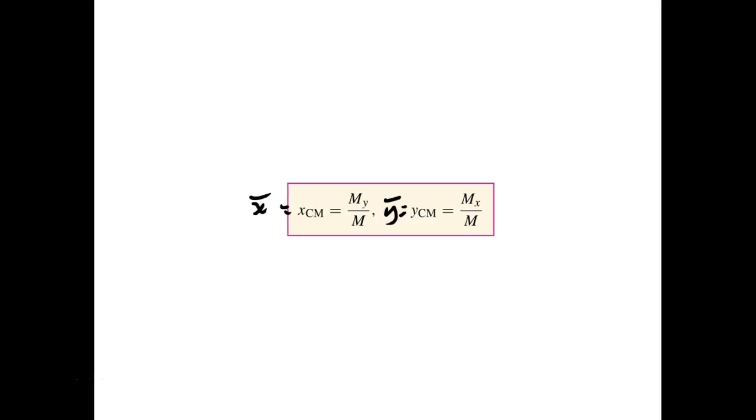Your x component of the center of mass, x bar, either way, is your moment with respect to y, how far they are from the y-axis, which is x distance times the area of the strip, divided by the total mass, which doesn't have the x in it, otherwise it's identically the same. And the y component of the center of mass is the moment with respect to the x-axis, how far it is from the x-axis, which is a y value, divided by the total mass. Once you calculate the mass one way, you don't have to do it a second time.